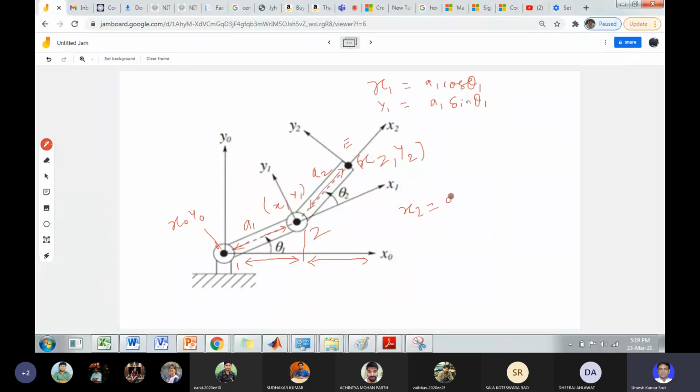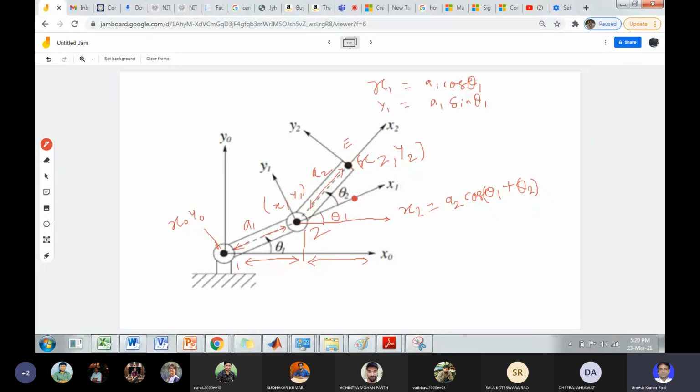So x2 equal to a2 cos of theta 1 plus theta 2, because the relative angle of this link with respect to horizontal is, this is theta 1 and this theta 2.